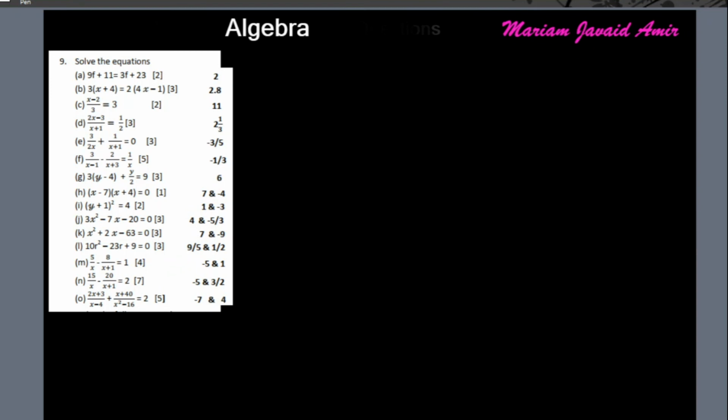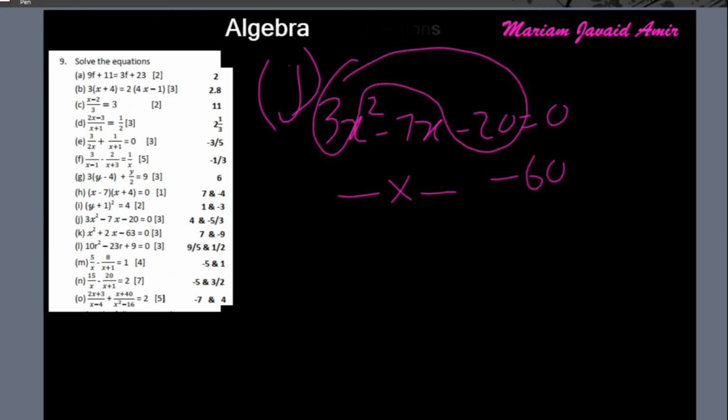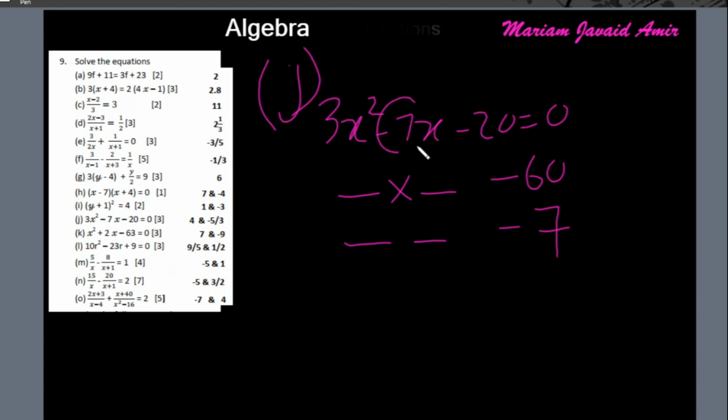Part J. For part J, you simply factorize this quadratic equation. So I'll only be doing part J and not K and L. Okay, so we're looking for two numbers which when multiplied should give us minus 60, the product of these two, minus 20 and 3, and then when added should give me minus 7, the coefficient of x.